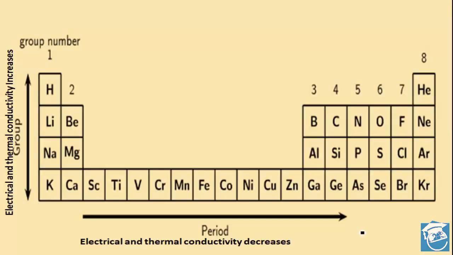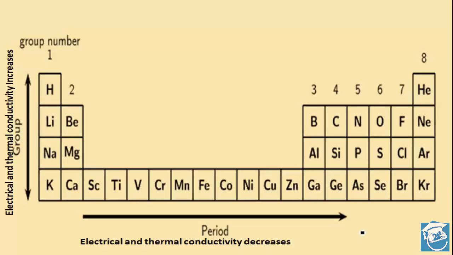So now let's conclude. In the periodic table, when we move along a period, that is from left to right, the electrical conductivity first increases, then decreases, and the thermal conductivity similarly. You can say thermal conductivity also depends upon the element, but generally it decreases from left to right.